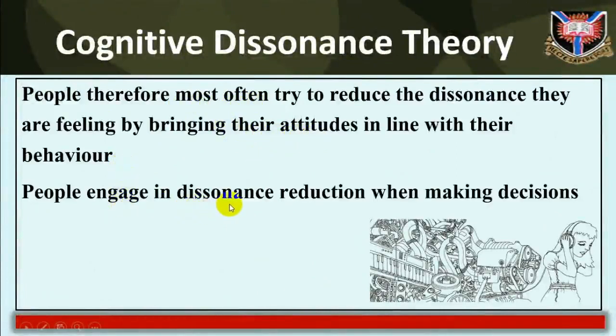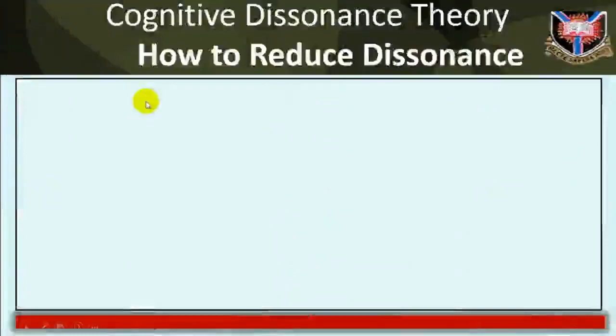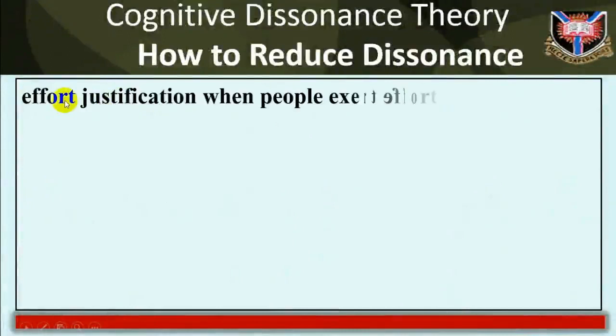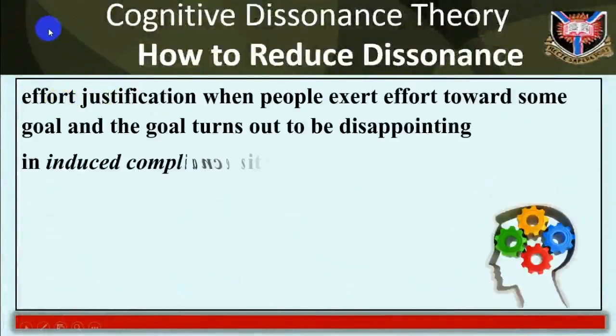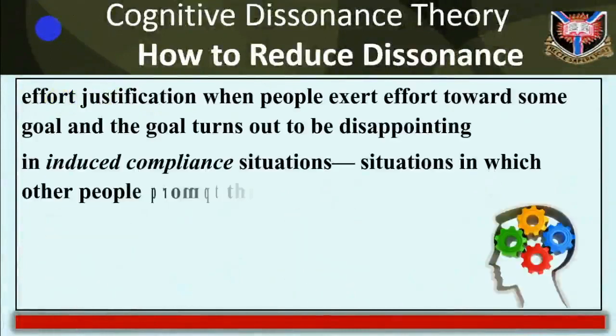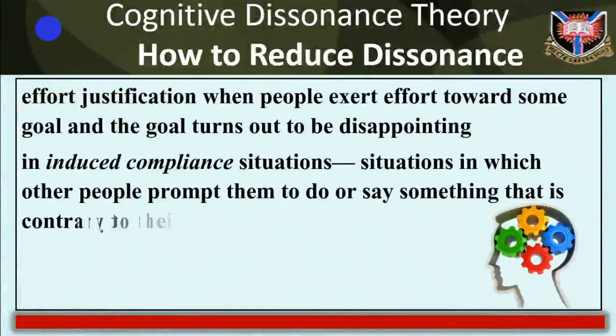People engage in dissonance reduction when making decisions. After making a choice between two objects or courses of action, they find hidden attractions in the chosen alternative and previously undetected flaws in the unchosen alternative. This reduces the dissonance aroused by having to give up some desired object or action.